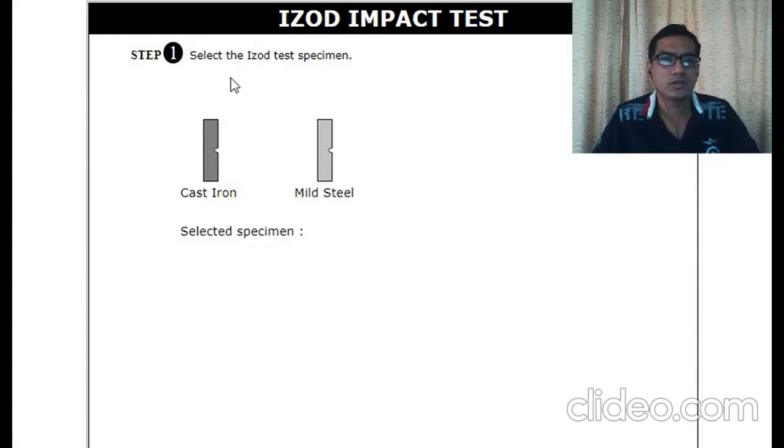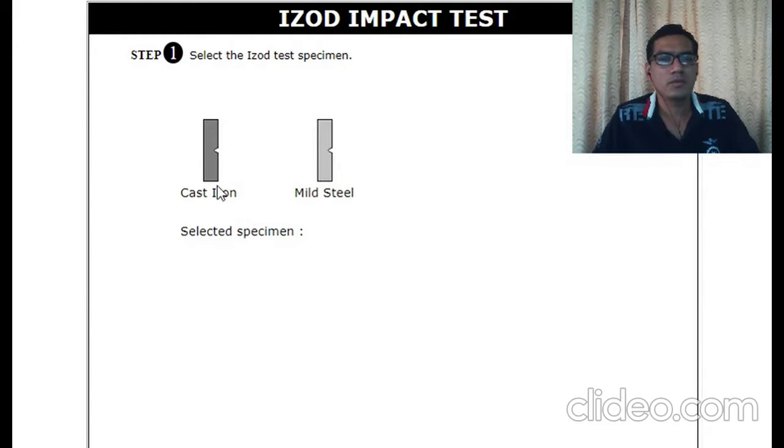Now step number 1 we have to follow: select the Izod test specimen. Which type of specimen material do we have to select? Here you can observe two types of materials. One is a cast iron material and the second one is a mild steel material.